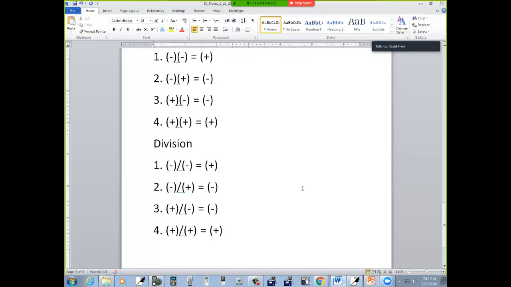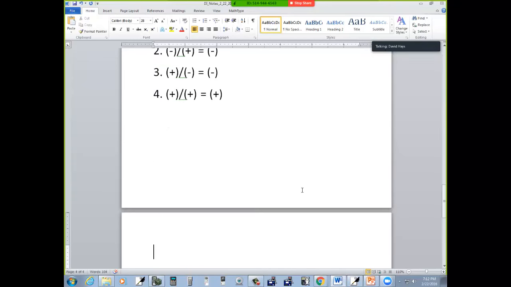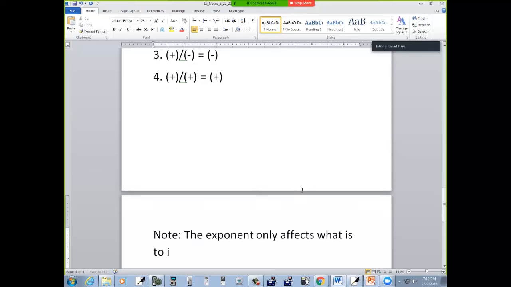Now on your calculator, some of them you may be able to plug in, and some of them you have to understand what does the exponent affect. And we got a note for that. Note, the exponent only affects what is to its immediate left unless there is parentheses.